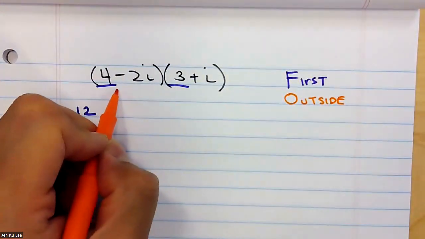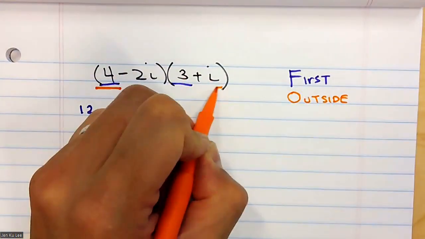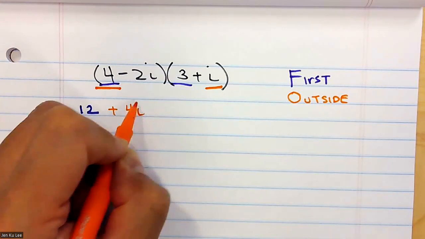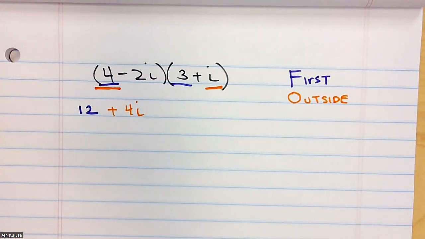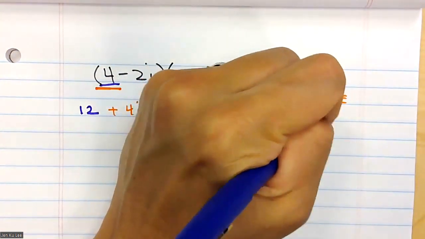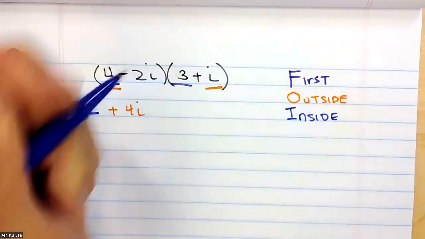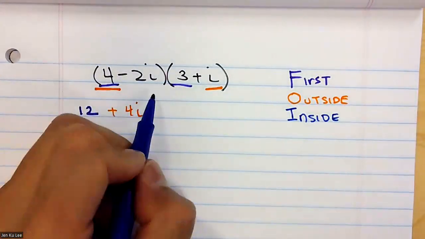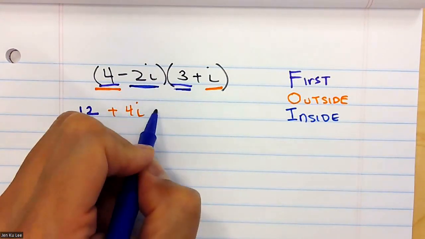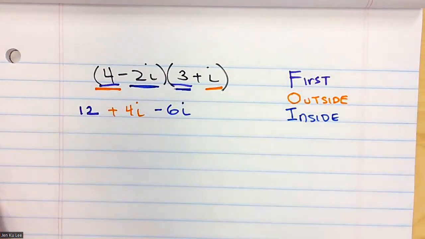So the outer terms, 4 times i. 4 times i is 4i. The I in FOIL is inside, or the inner terms. So that's the negative 2i times 3, which is negative 6i.